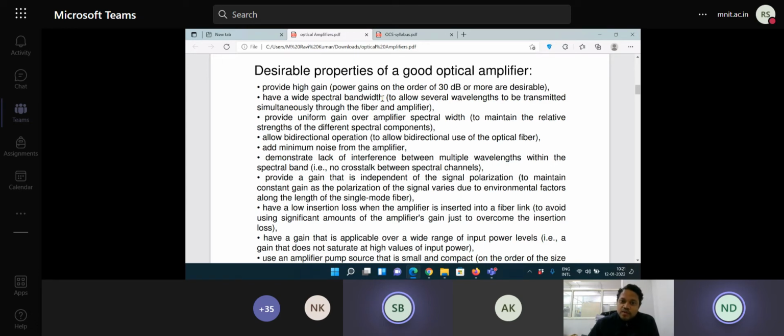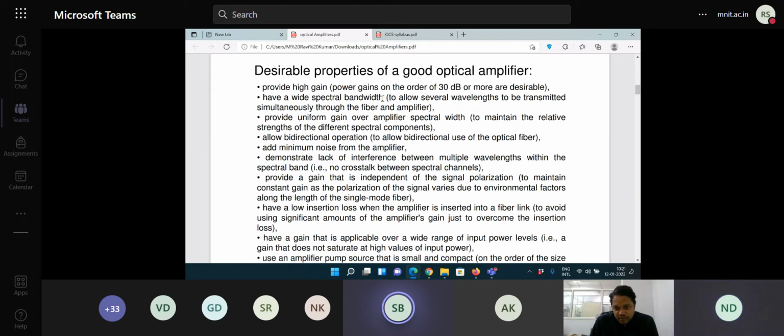So this kind of bidirectional operation is desirable. And noise, as we have seen earlier, is undesirable, but you cannot completely remove it. So the lower the noise that the amplifier adds, the better it is.